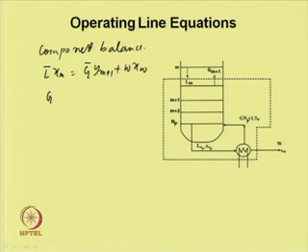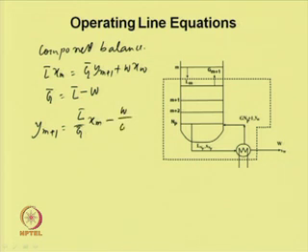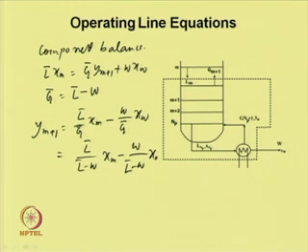Now, the total material balance is G bar equals L bar minus W. So, we can write y m plus 1 is equal to L bar by G bar into x m minus W by G bar into x w, from which we can write L bar by L bar minus W x m minus W divided by L bar minus W into x w. So, this is the equation of the operating line in the stripping section.